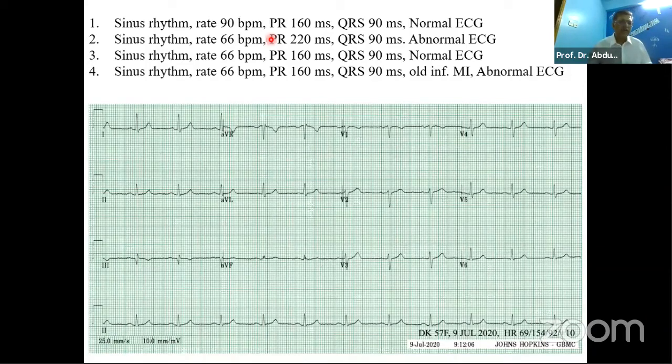If you have a Q in lead 3, it can be a very normal finding. Q can normally be present in AVR, lead 3, and V1. An isolated Q is not diagnostic of MI. I have to look at the associated leads, either lead 2 or AVF. If there is a Q in there, I would say this is an inferior MI, otherwise not.